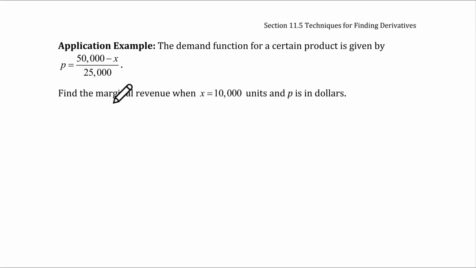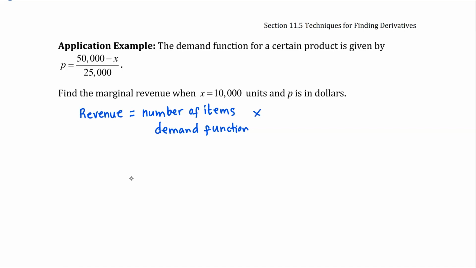Now, the revenue function is computed by multiplying the number of items, or that's the demand function, by the price per item.